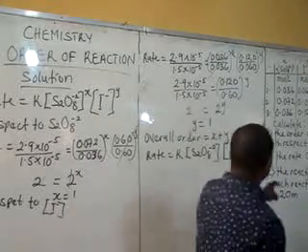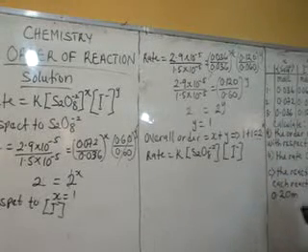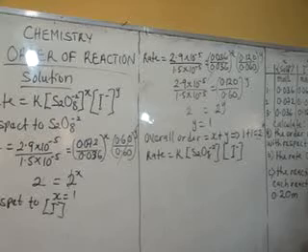Then the second one, it says the rate constant, K. If you want to calculate the rate constant, just pick any of these.